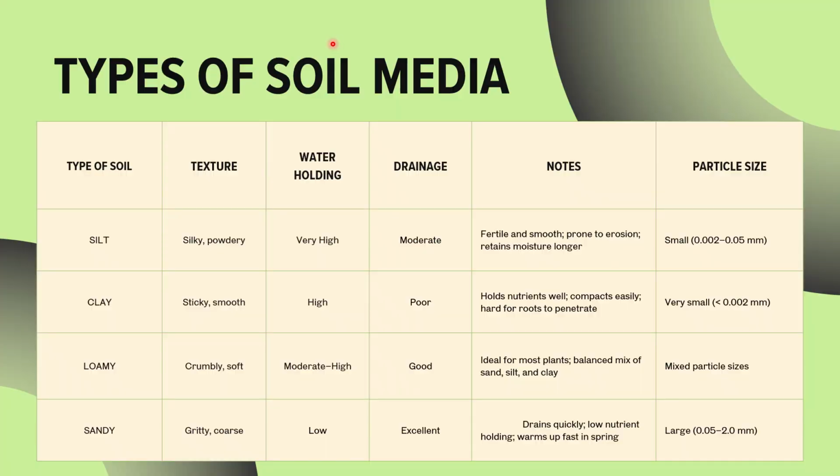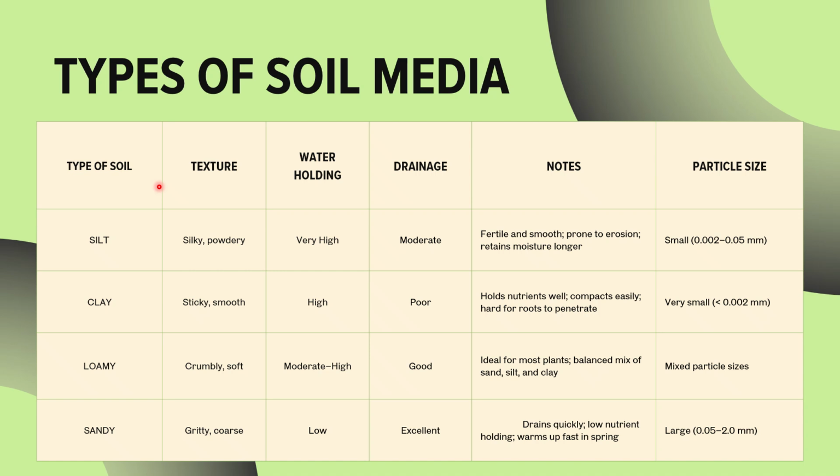So let's look deeper into the different types of soil media. First things first, we have silt. Silt tends to be silky and powdery. This is a review video, but as a class, we'll be exploring the textures of these.